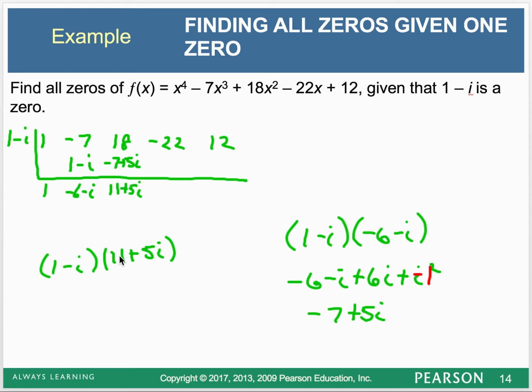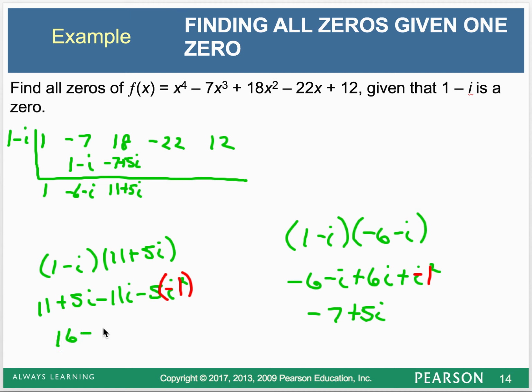So let's see what's 1 minus i times 11 plus 5i. Okay, 11 plus 5i minus 11i minus 5i squared. Don't forget, i squared is really -1. Okay, so this is 11 plus 5, 16 minus 6i.